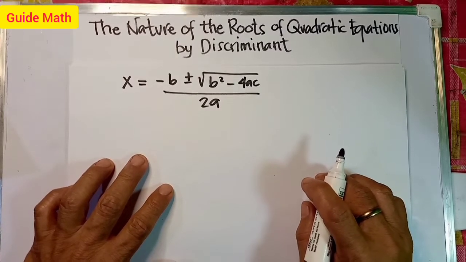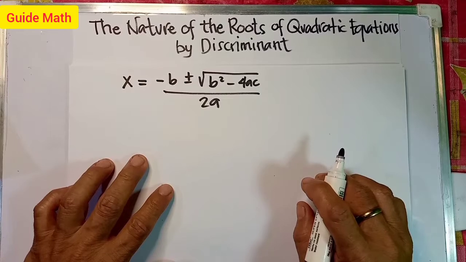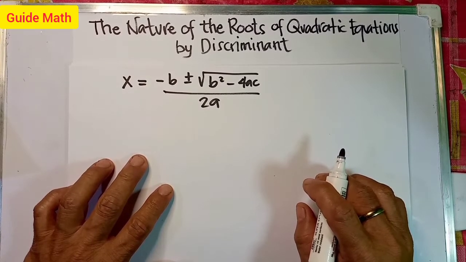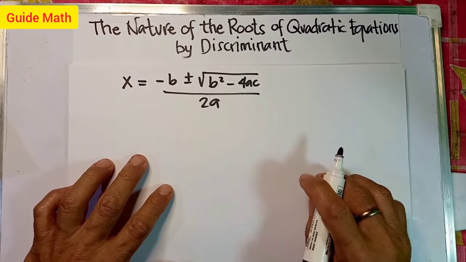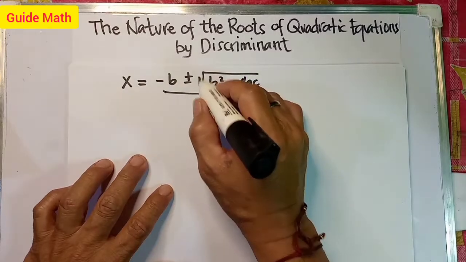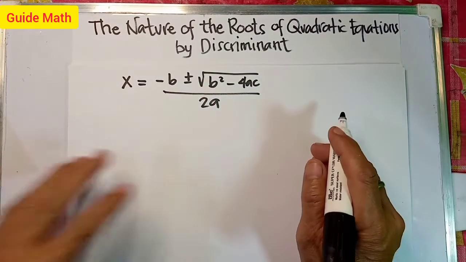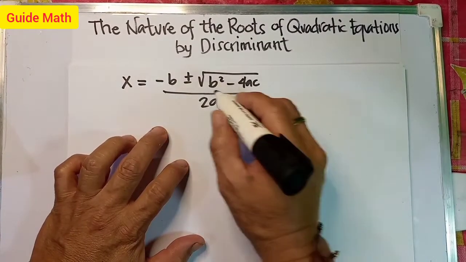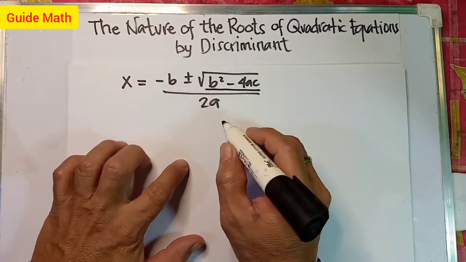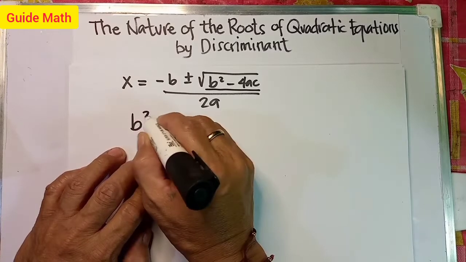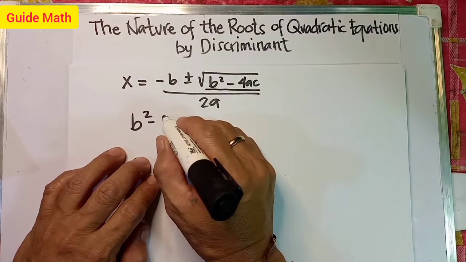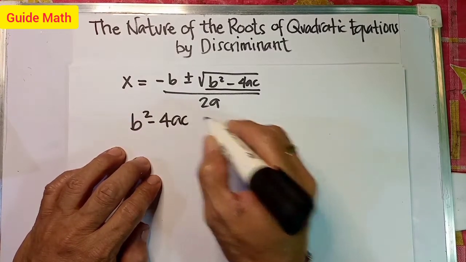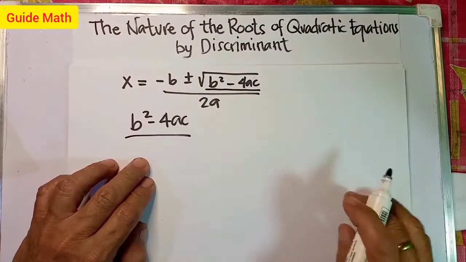Pag sinabi natin discriminant, this is the expression under the square root symbol. Ito yung square root symbol natin. So, the discriminant is b squared minus 4ac.